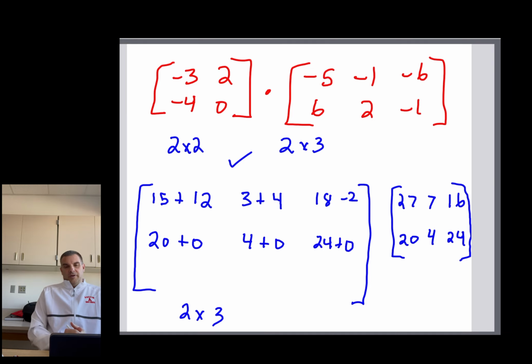Okay, so you should have got the matrix 27, 7, 16, 24, and 24. You multiply those two together.